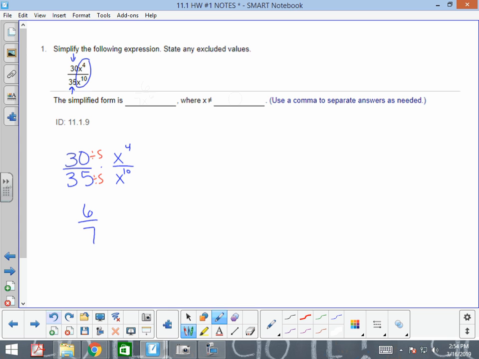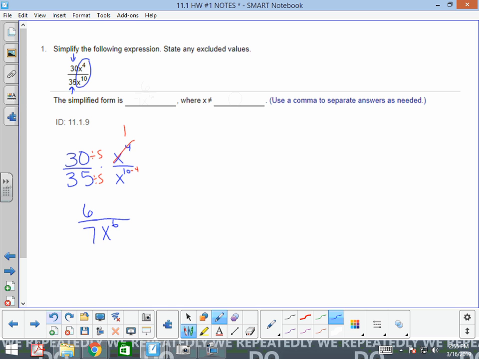We can remember that we subtract top minus bottom, and we would get x to the negative 6, which means that would have to go to the denominator because it's negative. Or we can do another way where we cancel out the one on whatever the smallest one is. The one on top is the smallest, that becomes a 1. Then we take the denominator on bottom and subtract the exponent that was on top. So 10 minus 4, we get x to the 6. So you can look at this two different ways as to how to simplify the variables.